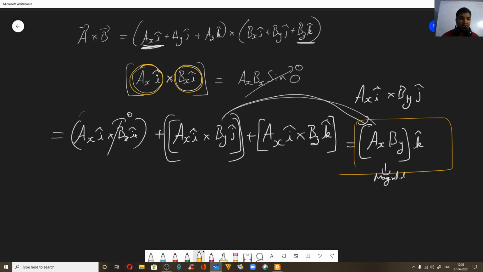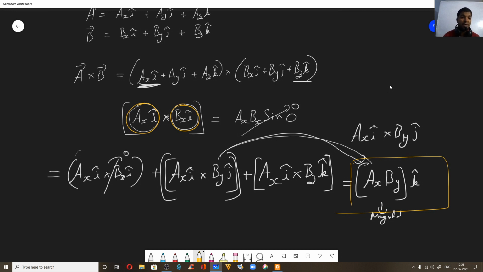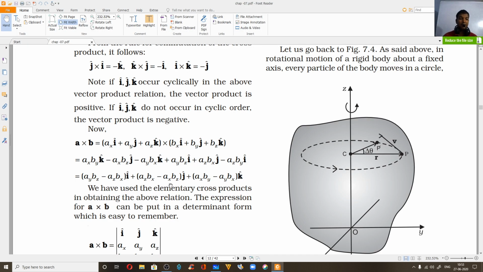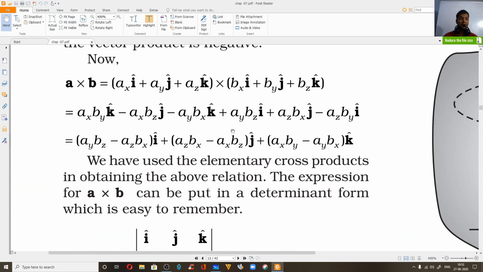Because I have solved ax, I have multiplied it with bx i cap, by j cap and bz k cap. So these 3 I have done, from ax. Now ay and az with these components of B, you perform the cross product and check. See that you will get this end result. Now there is a simple shortcut to perform cross product, and we'll take some examples in the next class. All right, fine.